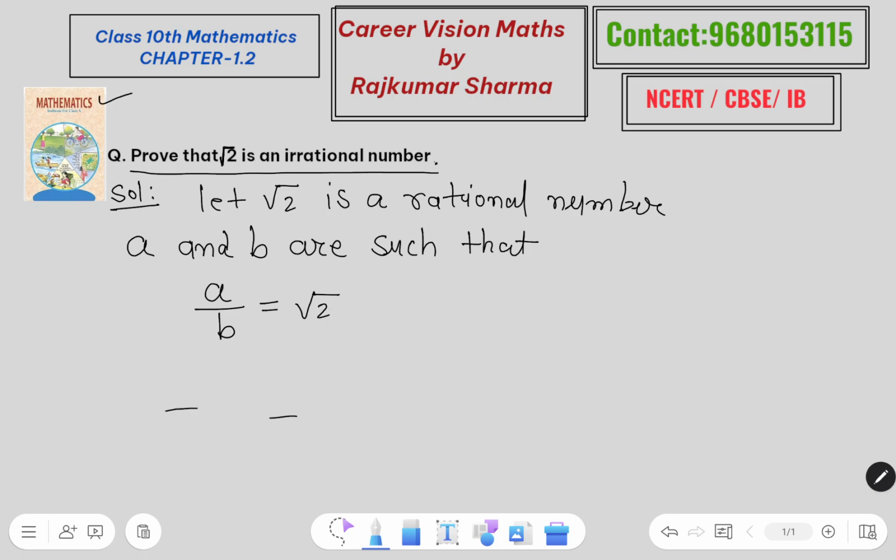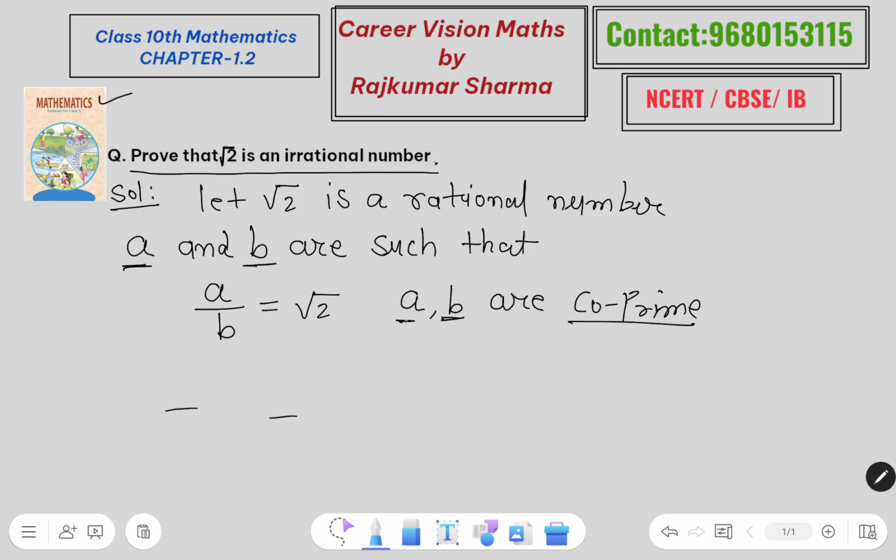So two integers a and b are such that a upon b is root 2 where a and b are co-prime numbers. Okay, co-prime numbers means no factor is common between a and b.